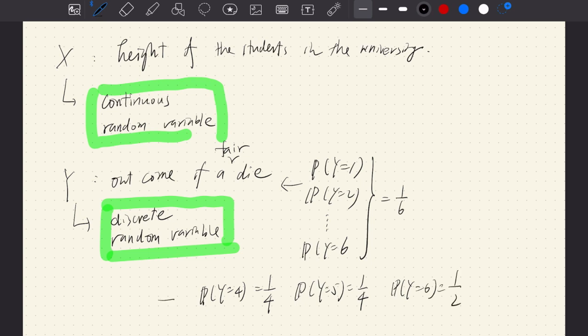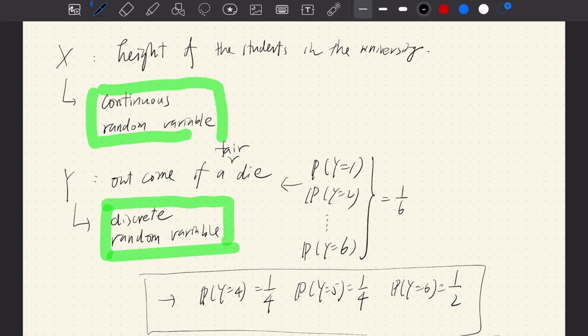Okay, so now this is another die which is not fair, but you can still describe its outcome using a discrete random variable. To describe this discrete random variable, you can just write out all the probabilities of its possible outcomes. This is easy because there are finitely many possible outcomes, and you can just list out the probabilities of these outcomes one by one.